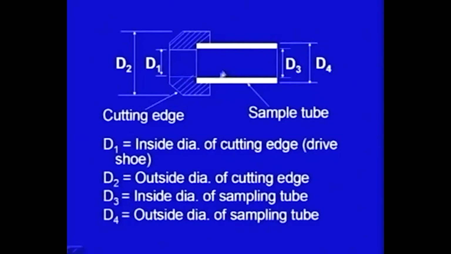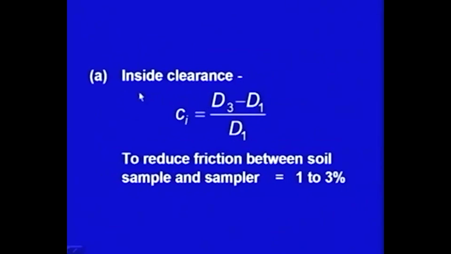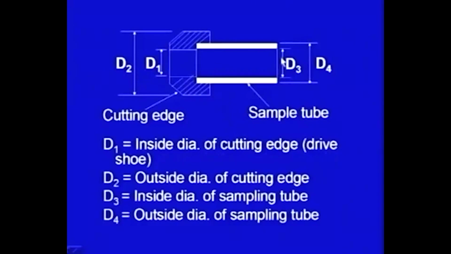For practical purposes, some terms are defined. The first term is inside clearance. This is defined as (D3 minus D1) upon D1. D3, as I told you, is the inside diameter of the sample tube and D1 is the inside diameter of the cutting edge.